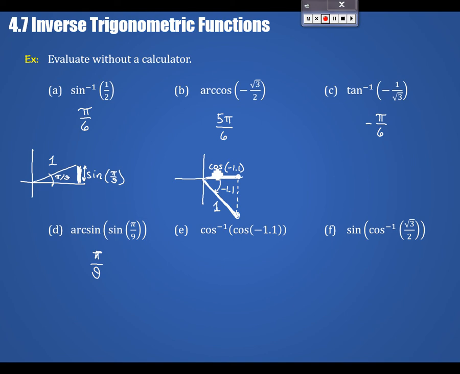How about 1.1? 1.1 has the same cosine too, and that's a radian measure we can output, isn't it? Because cosine inverse returns values between 0 and pi radians. You can't output negative 1.1. Cosine inverse just doesn't do it, even though negative 1.1 and 1.1 have the same cosine. What's the answer to the next one?